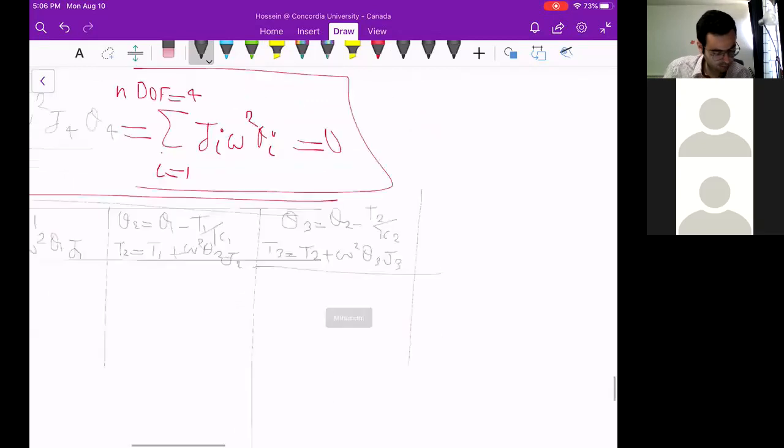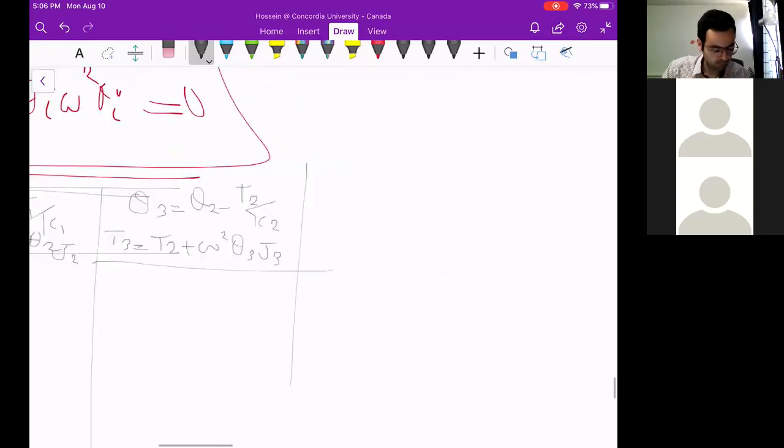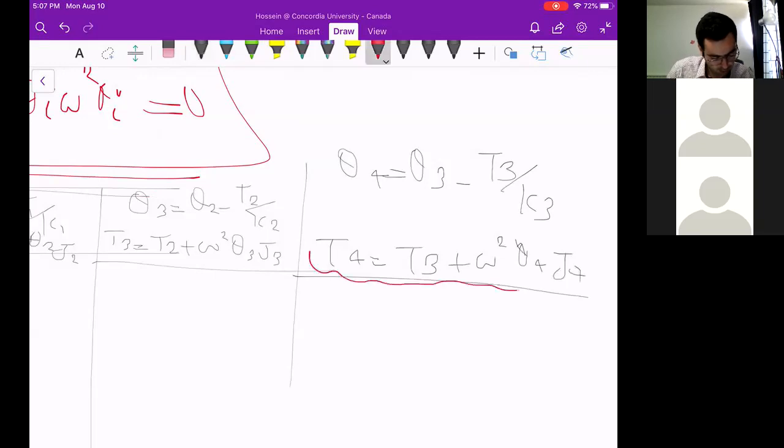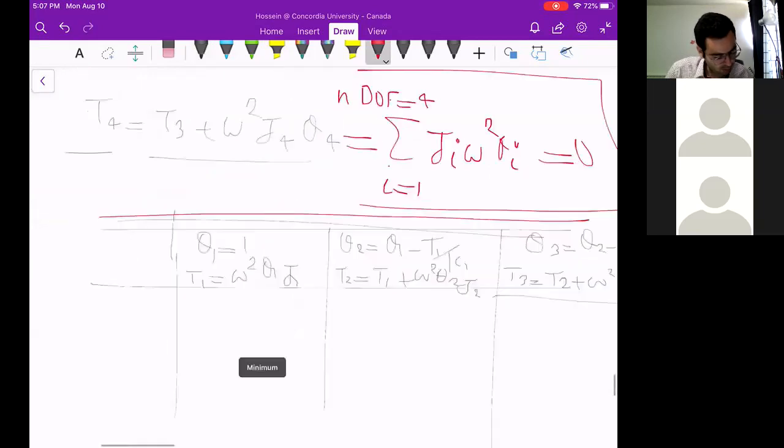The last column, theta 4 is theta 3 minus T3 over K3, and so this is very important, the last torque. And you can reach the last torque by this step.